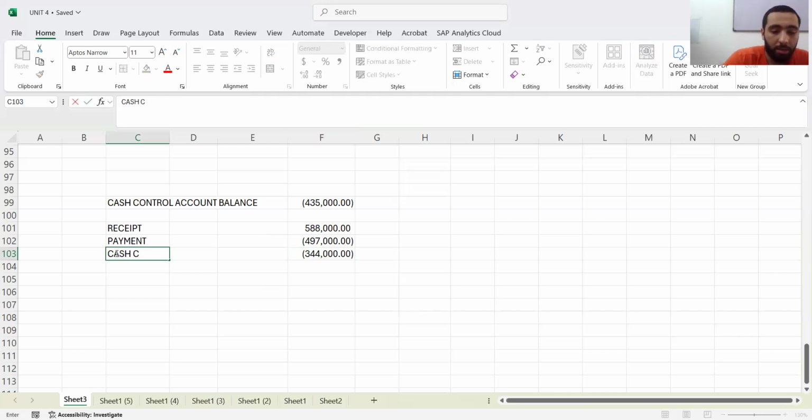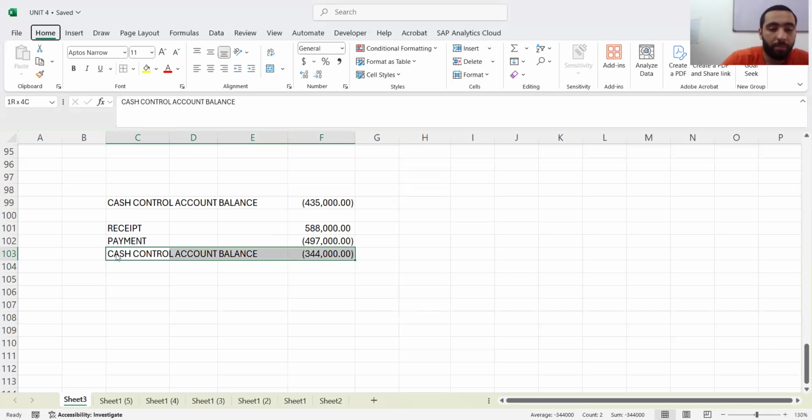Cash control account plus. Once you have understood, please let me know.